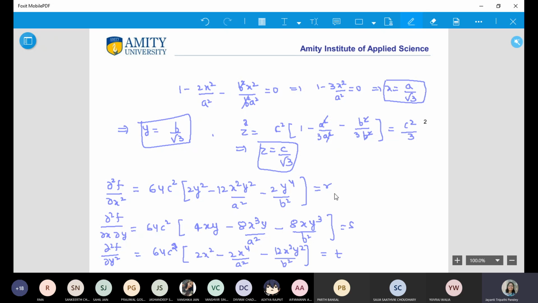Now put these values and see what will be your r. Give me the value of r. r is equal to what? Substitute and see.